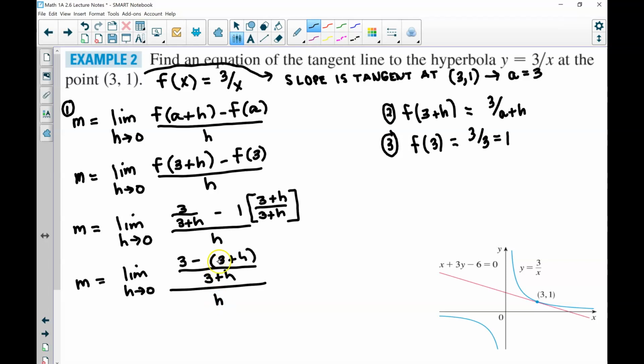Now if we combine like terms and distribute this minus sign, we end up with the limit as h approaches 0. 3 minus 3 is 0, and distributing that sign gives negative h over 3 plus h, divided by h.